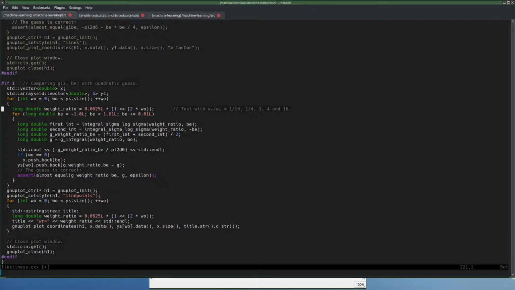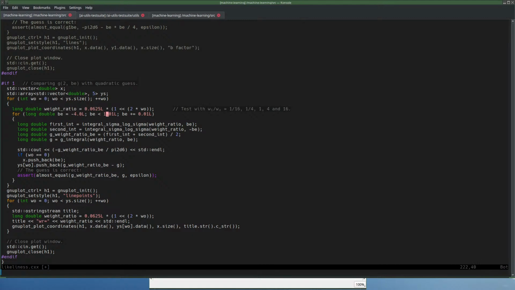Let me think. So the BE runs from -1 to 1. Probably should check that also for much larger values.